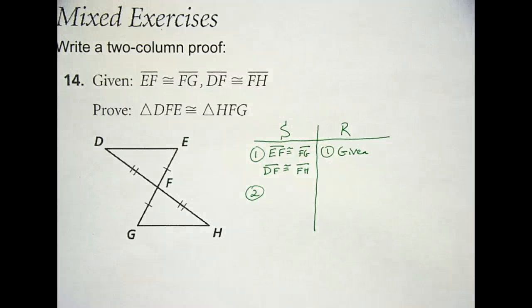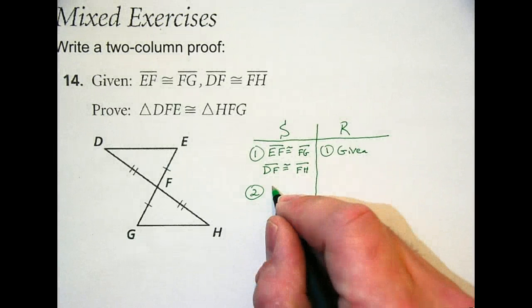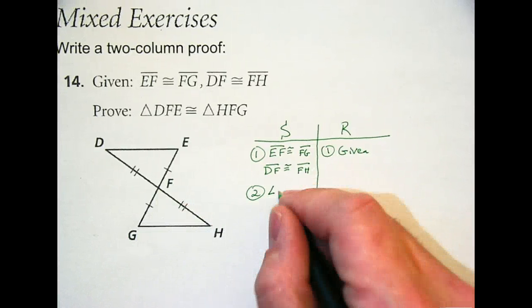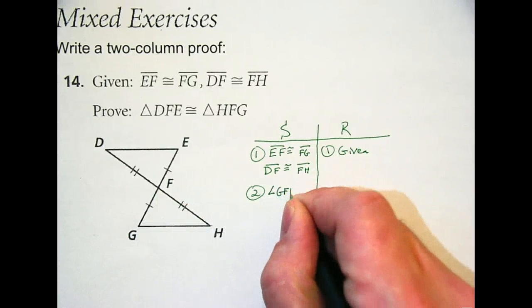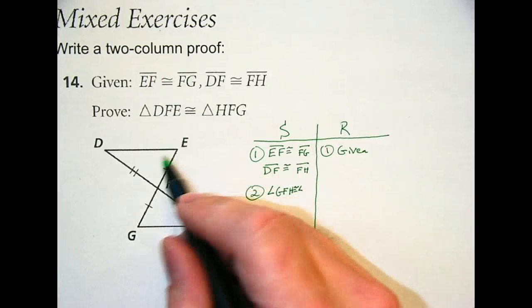I need a third side or an angle. What do you got, Julian? GFH is congruent to DFB because of vertical angles. GFH congruent to EFD.